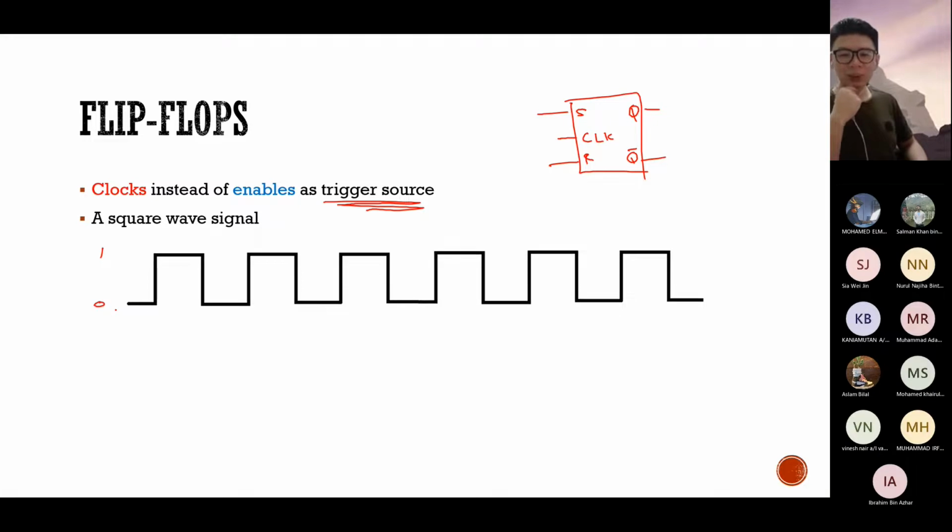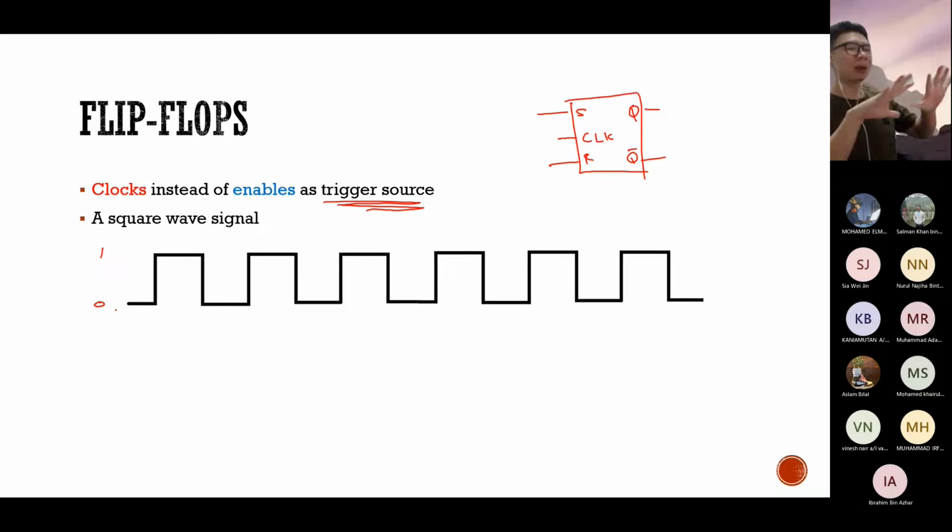We refer to a clock. I have my clock, you have your clock, and when your clock shows 8 a.m., it's time to join the class. That is how a clock works in the circuit as well.